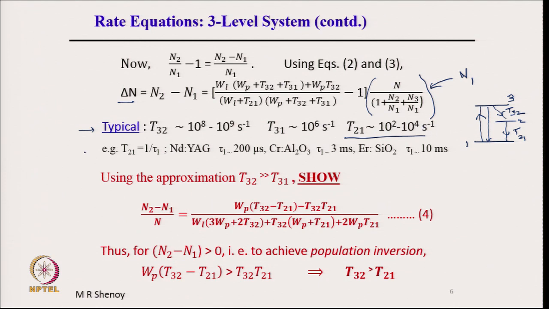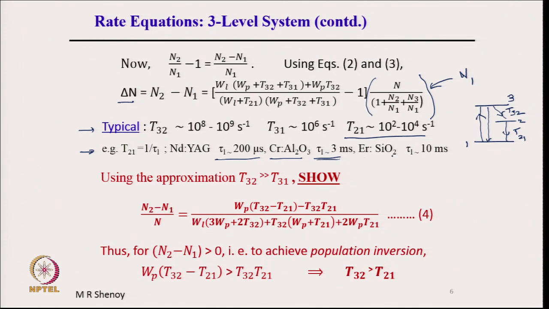Let us take some practical examples. T21 is 1 divided by tau L, the lifetime. In the case of Nd:YAG laser, tau L is approximately equal to 200 or 230 microseconds. In the case of ruby, the lifetime is of the order of 3 milliseconds.